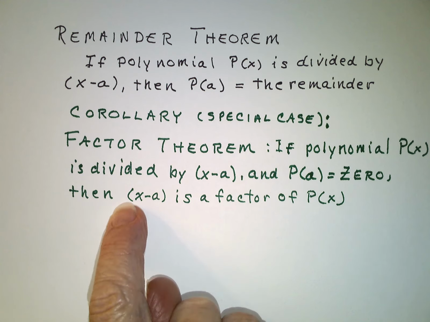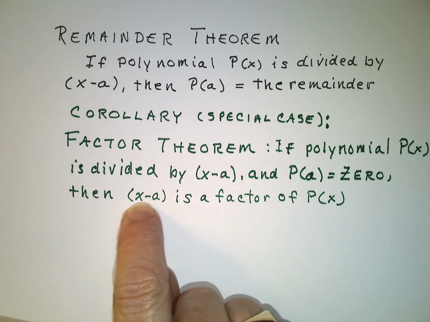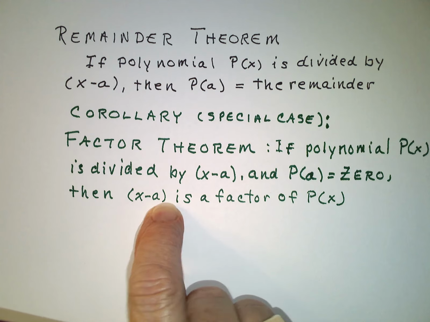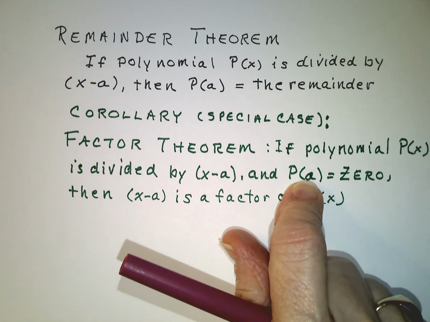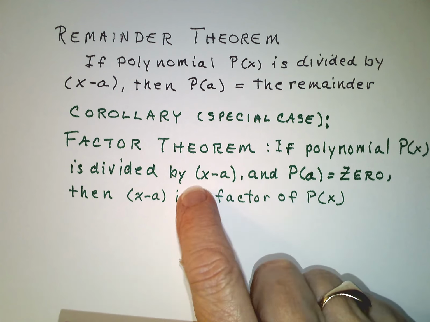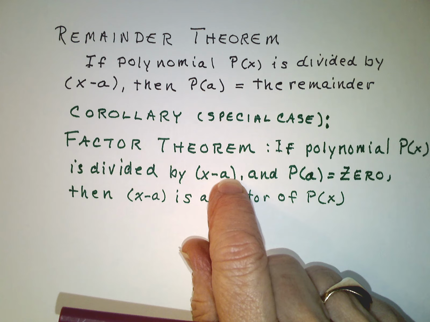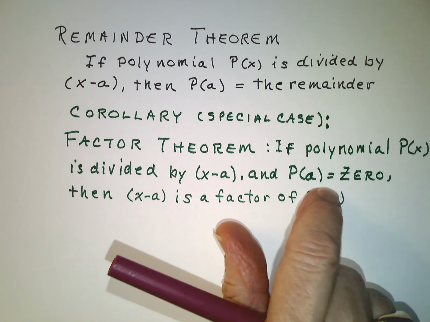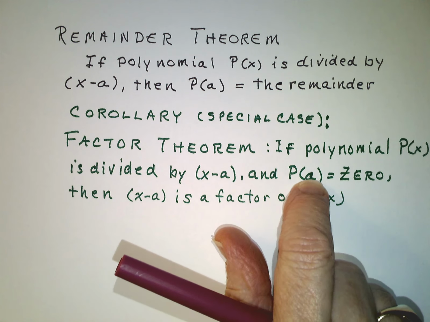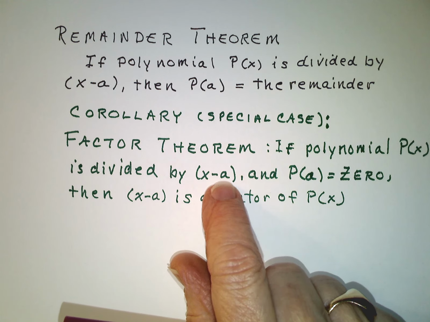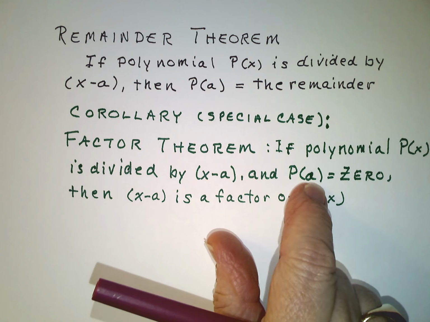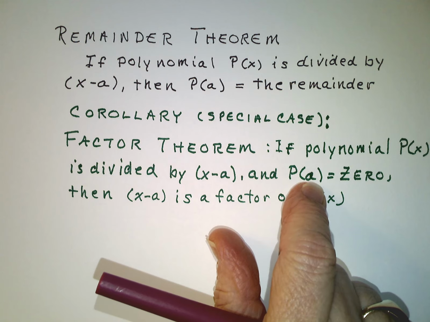Please notice, though, that what we're dividing by is x minus a. What we put in the polynomial is just plain a. So if we're dividing by x minus 12, positive 12 is what goes in the polynomial. If we're dividing by x plus 3, negative 3 is what goes in the polynomial.